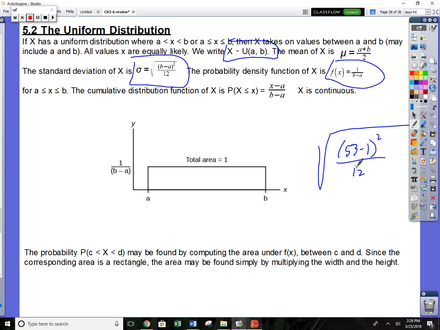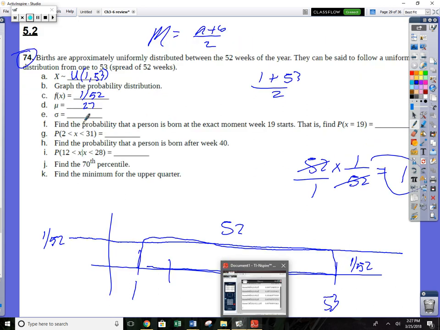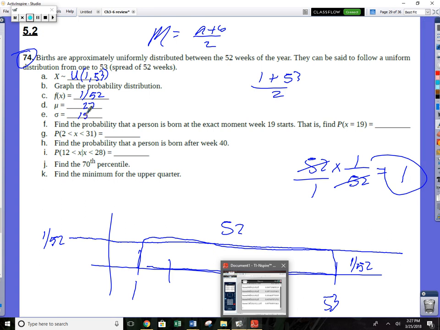Let me crunch that in. 53 minus 1 squared over 12. Okay, it is going to be the standard deviation, so they're going to vary from the mean 15.011111-ish.